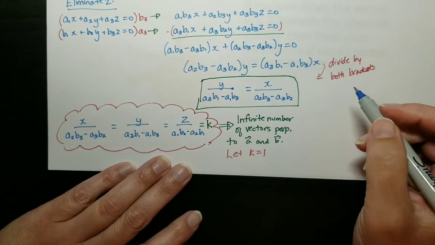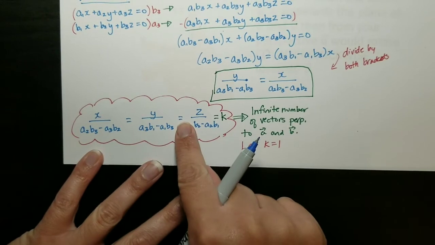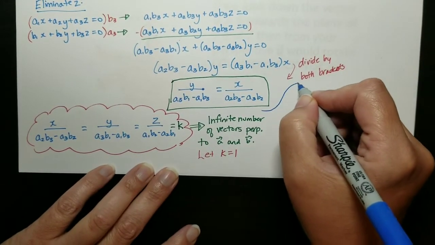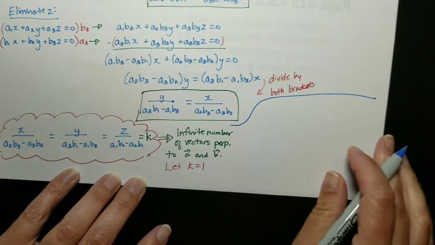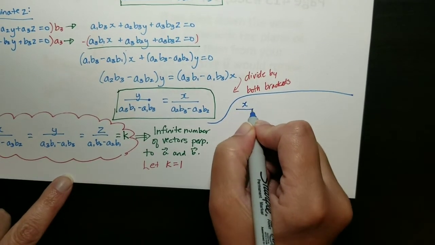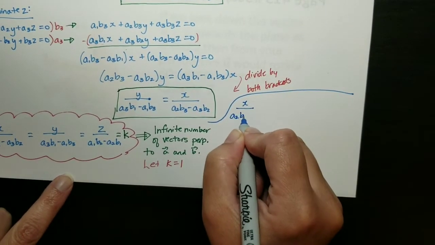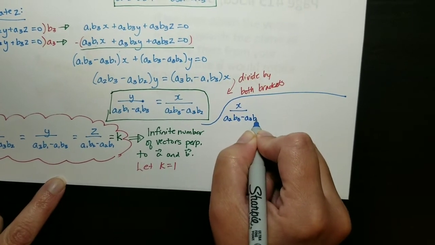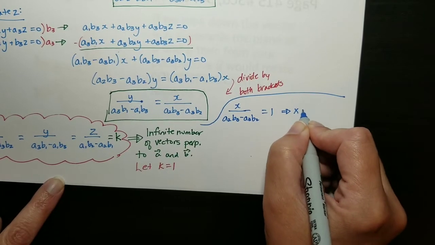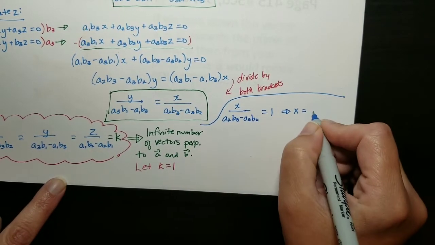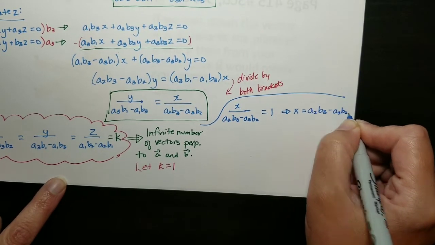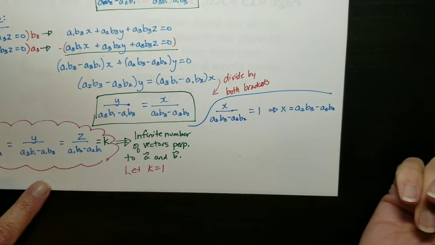So then each of these ratios equals 1. I am really squishing this in at the bottom down here. So here I have x over A2B3 minus A3B2 equals 1, which gives me x equals, multiplying this up, A2B3 minus A3B2. So I've got my equation for x.